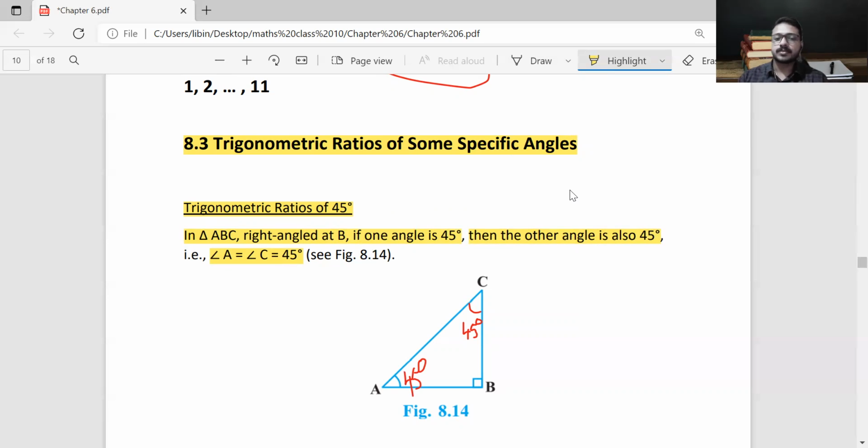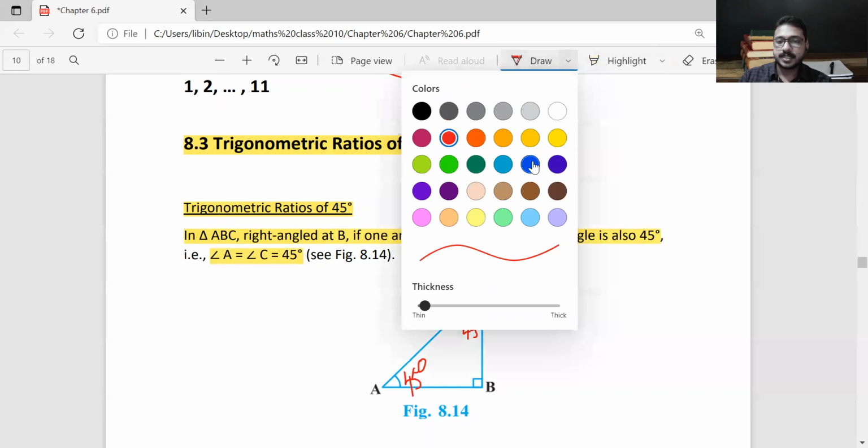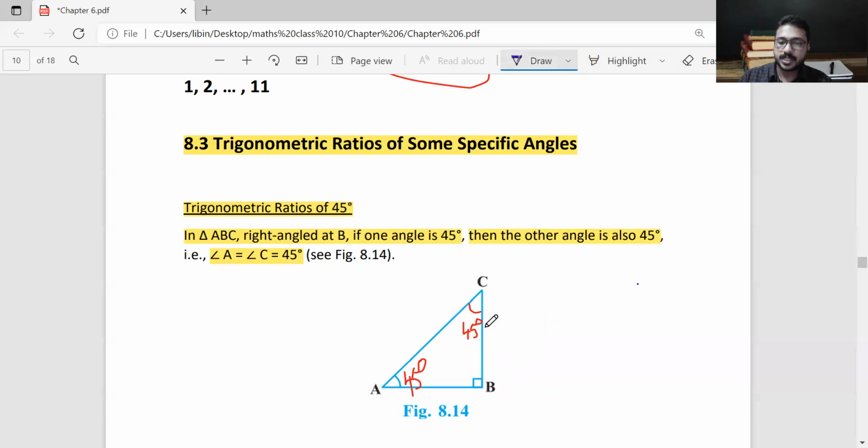So this is an isosceles triangle, which means if I take the value of the side BC as A, suppose I'm just denoting it as A, it means AB will also be how much? A. The value of the side AB will also be A.